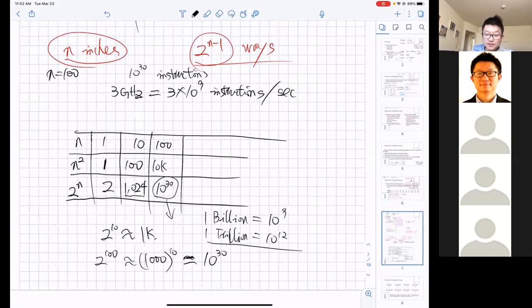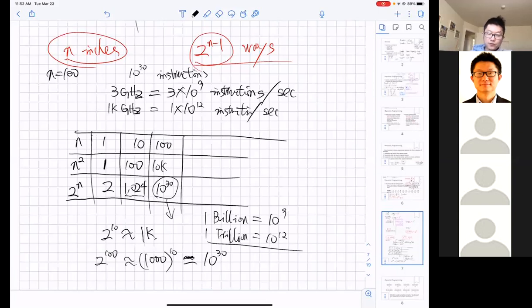So this is the speed of an average computer. And if you use the most powerful computer in this world, it is around 1000 GHz, which can execute 10 to the power of 12 instructions per second.